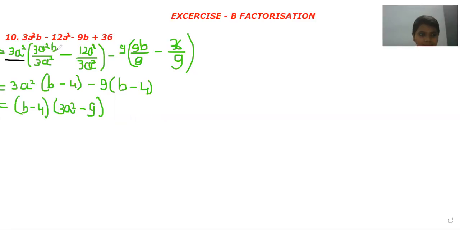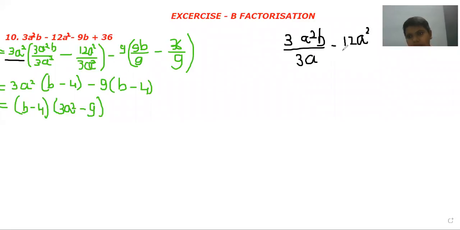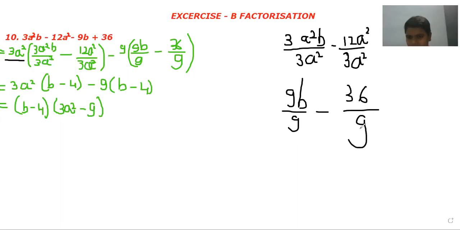Okay, then here 3a square b divided by 3a square minus 12a square divided by 3a square. Okay, for the next one also I'll write 9b divided by 9 minus 36 divided by 9.